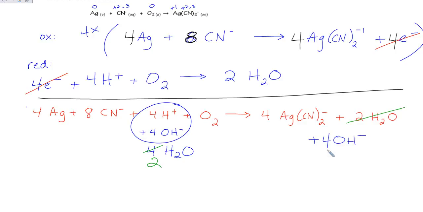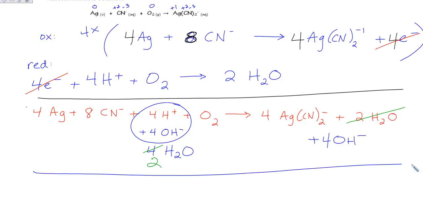There they are. Okay, so now let's add this up one more time. And I have my 4 silver, my 8 cyanide, these hydrogen and hydroxide ions are going to simplify, and I will include them as just the 2 waters.